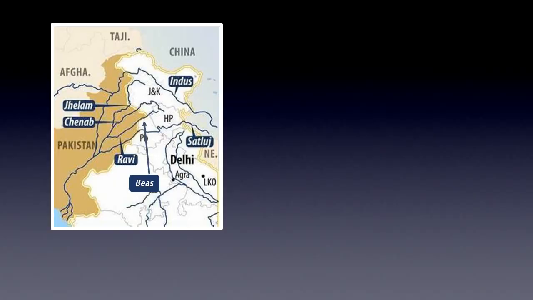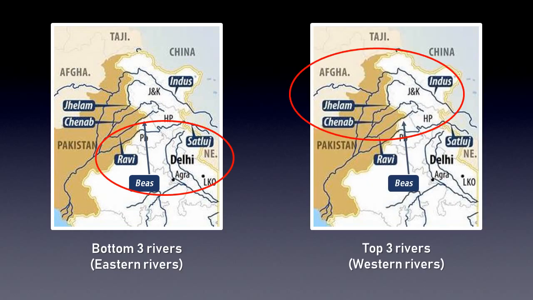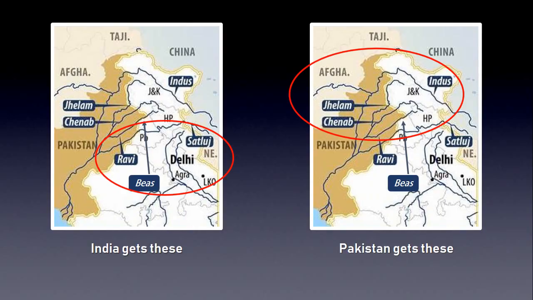The three rivers at the bottom, which are Ravi, Satluj, and Beas, are called the eastern rivers in the treaty. And the three rivers at the top, that is Indus, Jhelum, and Chenab, are called the western rivers. According to this treaty, India has unrestricted access to the bottom three rivers, the eastern rivers, and Pakistan has unrestricted access to the top three rivers, the western rivers.